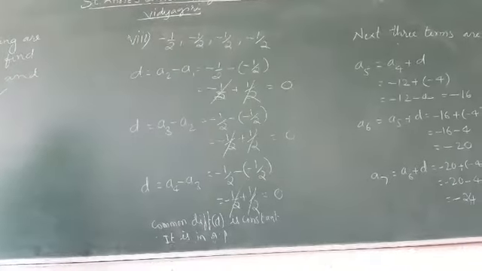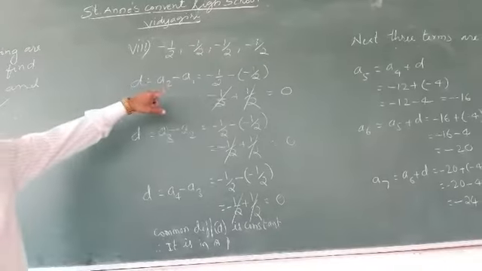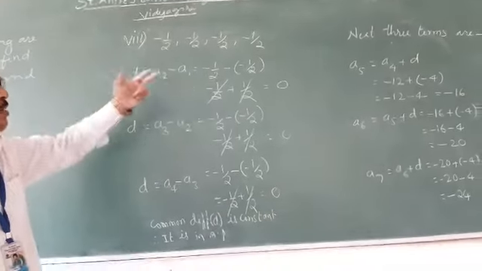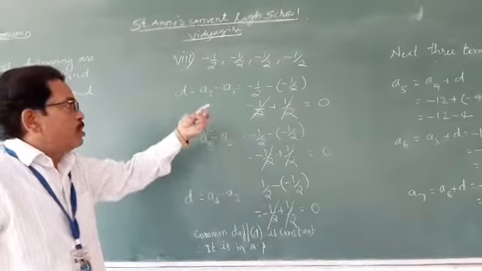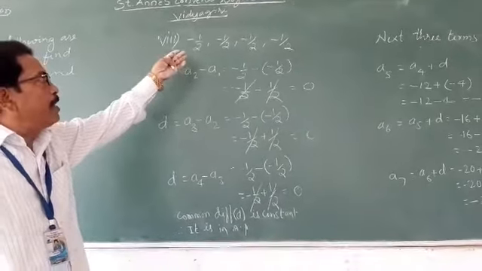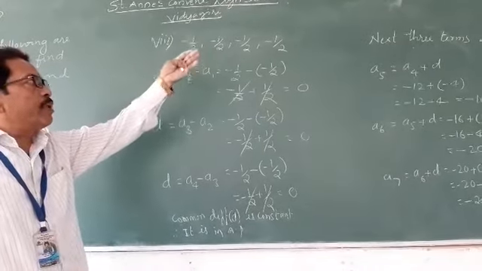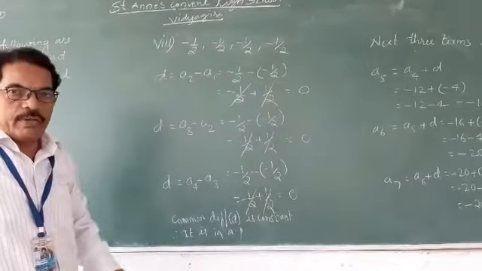Can you imagine what the next four terms would be? See, very simple. If 0 is added to anything, nothing will change. So the next four terms will be minus 1 by 2, minus 1 by 2, minus 1 by 2, minus 1 by 2.